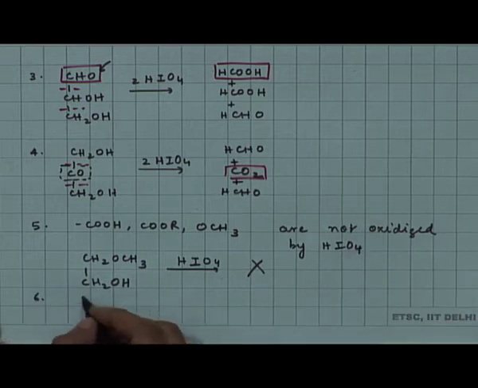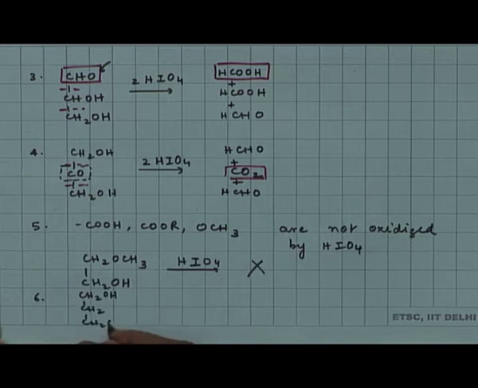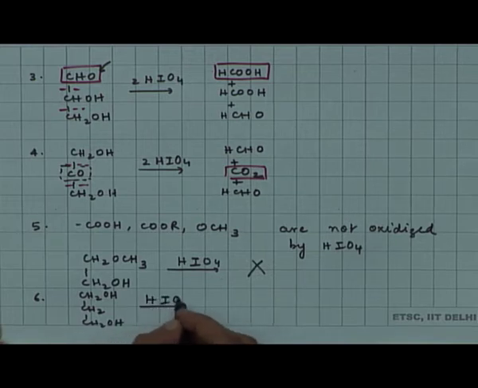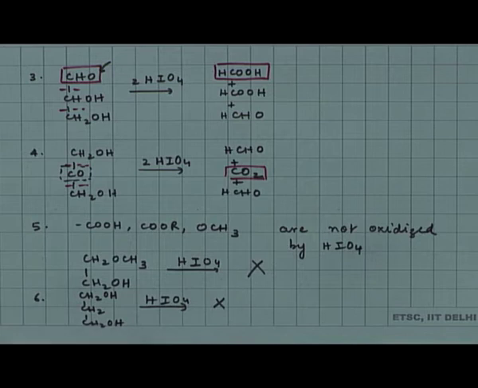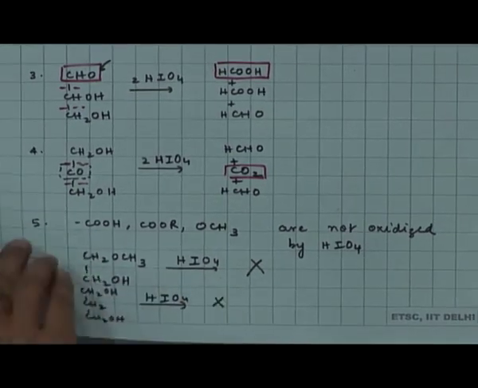Likewise, if you have a methylene functionality coming in between the 2 hydroxy carbons, this again is immune to periodic acid oxidation and you do not see a product in this case as well.